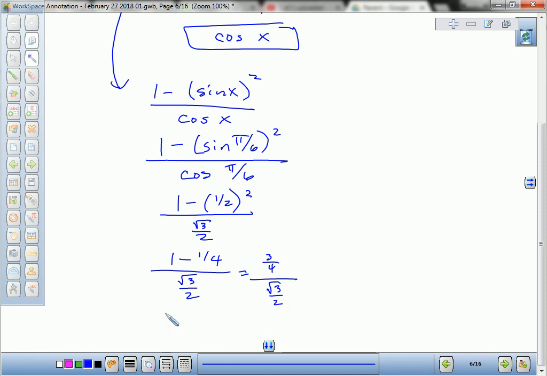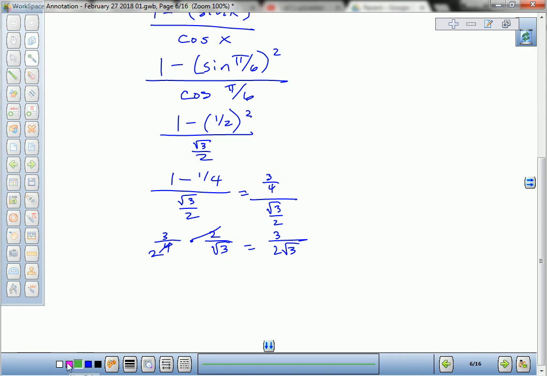Alright, I'm dividing a fraction by a fraction, so I multiply by the reciprocal. It's root 3 over 2 squared. So I get 3 over 2 roots of 3. Now, if I were to rationalize this, I'd get 3 roots of 3 over 2 times 3.